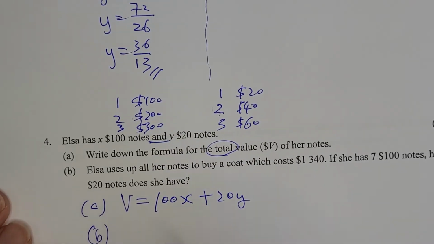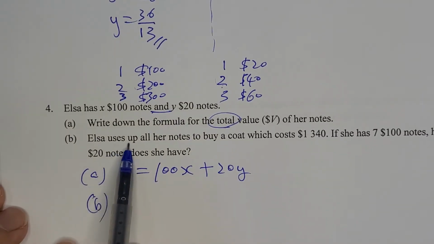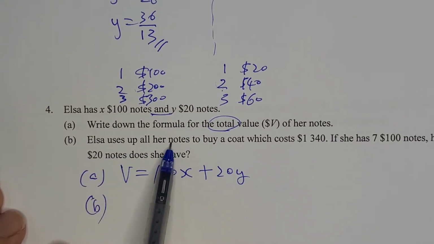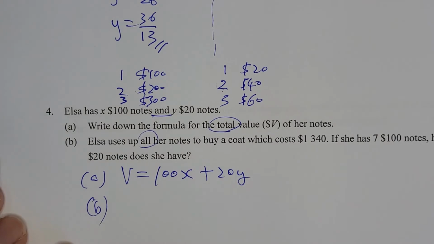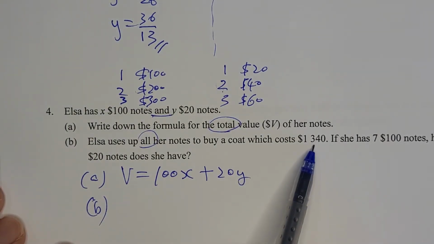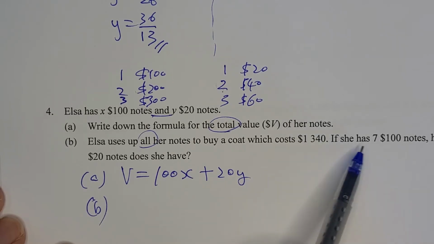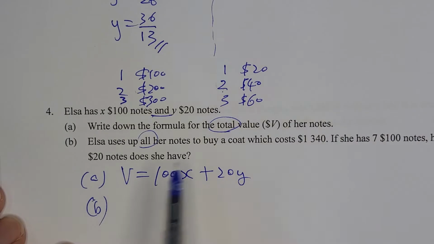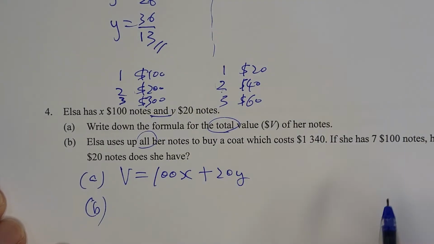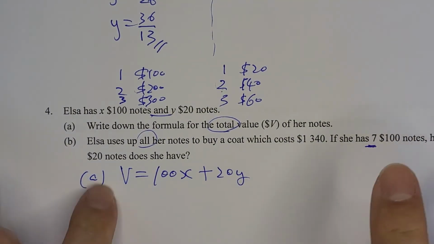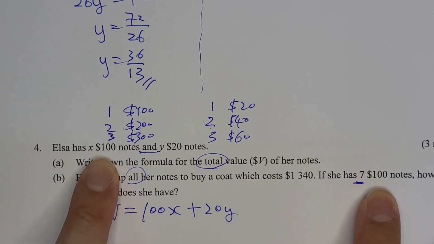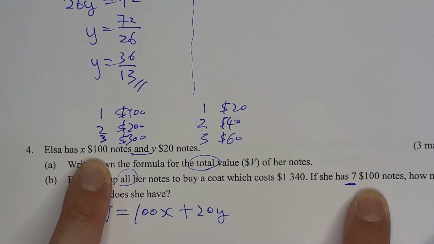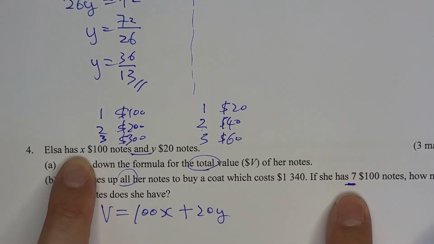And part B: Elsa used up all her notes, nothing's left, to buy a coat that costs $1,340. If she has 7 $100 notes, how many $20 notes does she have? Okay, just compare these two. Same. That means X becomes 7.